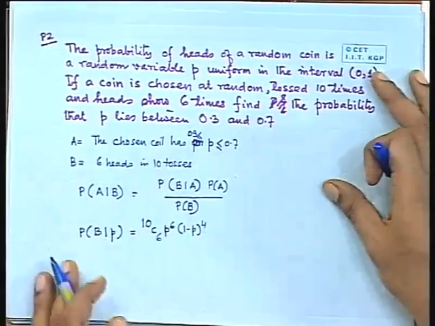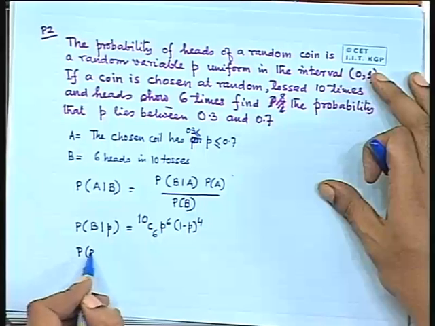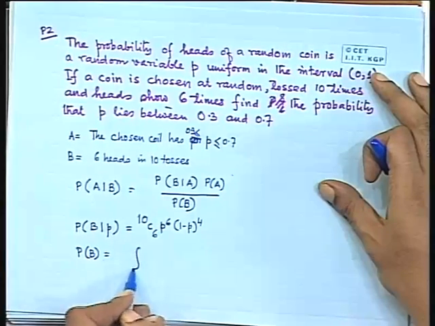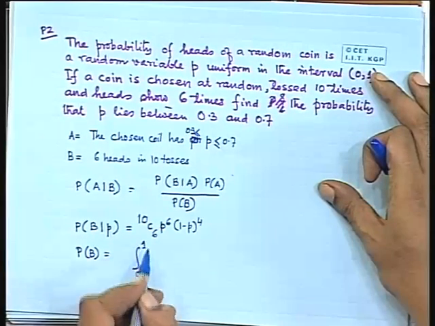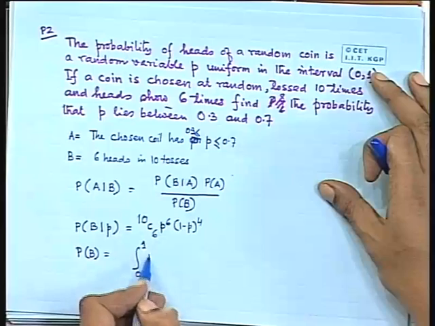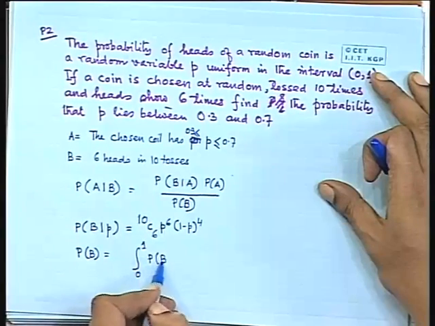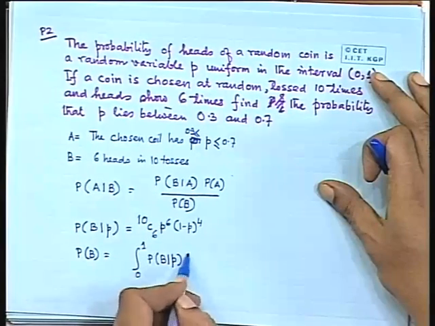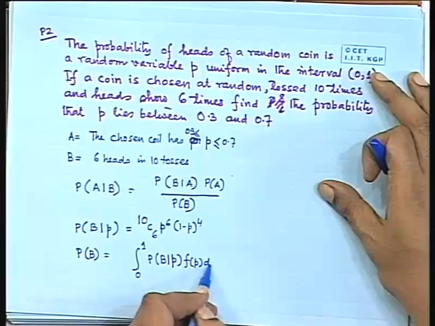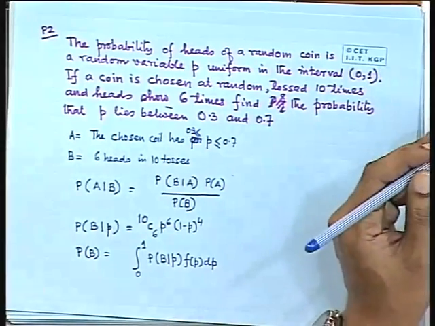So from this we can say that probability of B you can immediately calculate. Probability of B is nothing but the integral from 0 to 1, because of f(p) dp, for all values of p, now you are taking average.